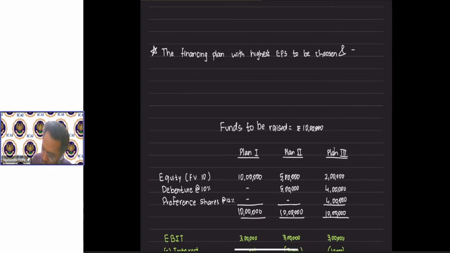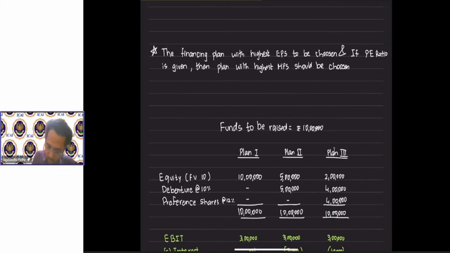And if PE ratio is given, then the plan with highest market price per share should be chosen.